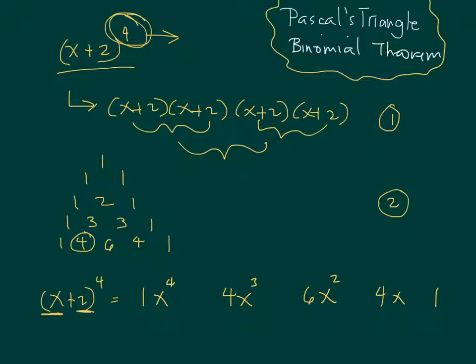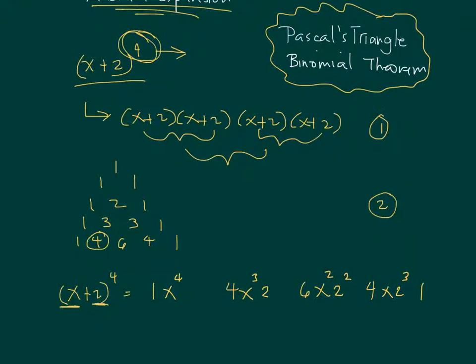Then for the 2, no 2, 2 to the 1, 2 to the 2, 2 to the 3, and then 2 to the 4. That's our pattern. All these are positive, and then after that, just simplify.